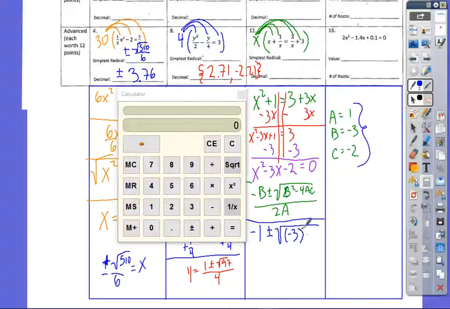Perfect. Minus 4 times A, which is 1, times C, which is negative 2. And then that is all over 2 times A. And what is our A value? 1. Yeah, perfect.